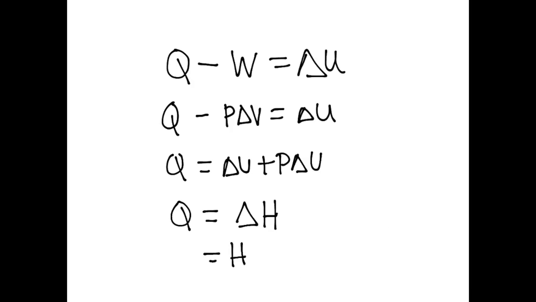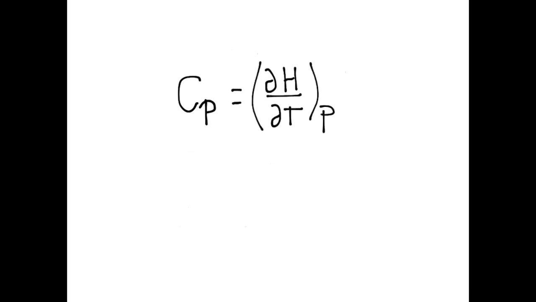Enthalpy can come out from tables as well, as usual, when we're talking about water or refrigerant. But talking about other systems, we can define the heat capacity at constant pressure, Cp, as the change in enthalpy with respect to temperature at a constant pressure.